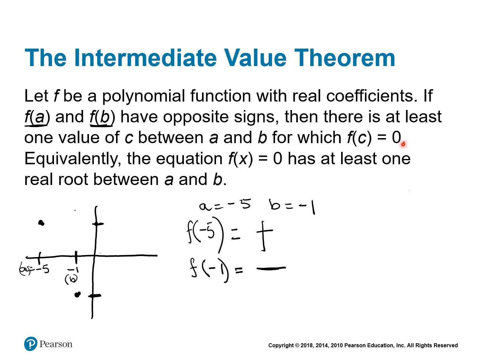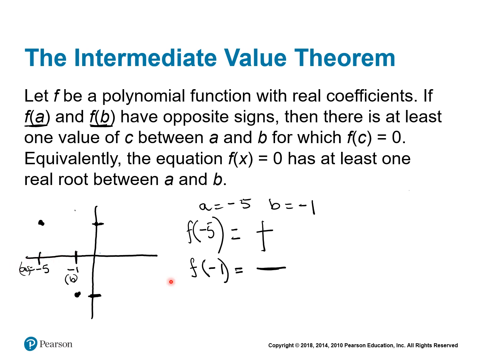In other words, what they are trying to say is there will be an x-intercept between -5 and -1. So if in an interval f of a and f of b evaluate to values with opposite sign, then there will surely be at least one x-intercept between those 2 points.